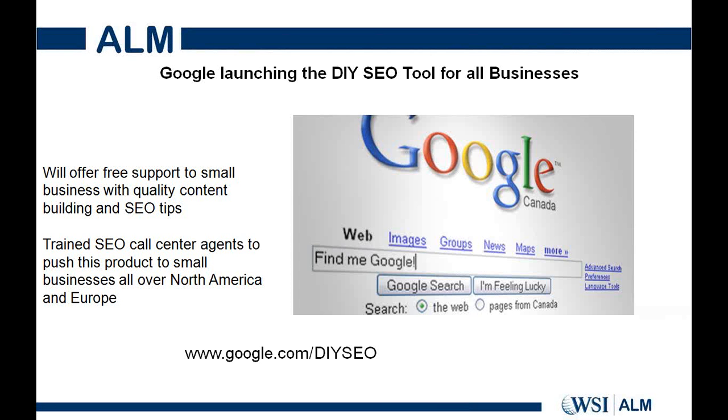So it's just come out. They've put the information out on this URL, google.com DIY SEO. They're going to offer free support to all small businesses with quality content building. They're going to give SEO tips. They'll have trained SEO call center agents to push this product all across small businesses all over North America and Europe. So, pretty big news, pretty huge news.